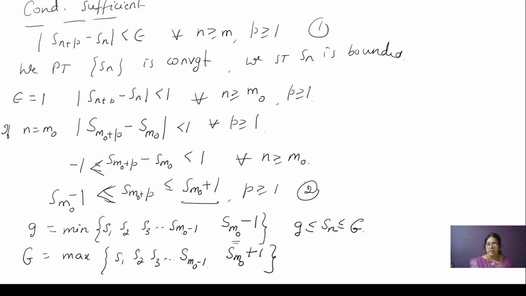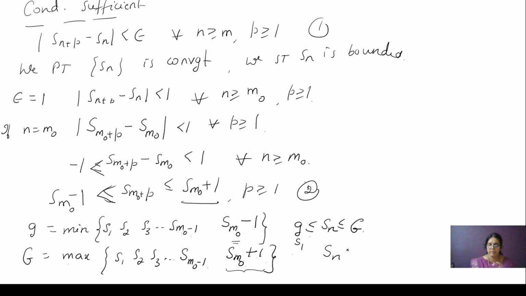Because small g is the minimum of S1, S2, etc. If S1 is the minimum, then all the terms S_n are greater than or equal to S1. And if capital G is the maximum of this, for example S_{m0} plus 1, then according to the definition, capital G is the maximum.